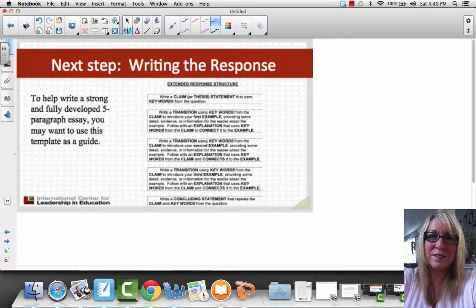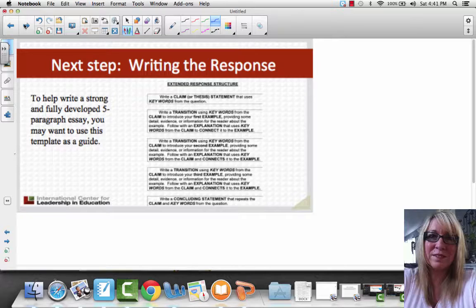So that's using the keywords from the question. You need to write a transition, which I just showed you how to do in the template, using keywords from the claim to introduce your first example. Then you need to provide some detailed evidence from the document to the reader about the example. Follow with an explanation that uses keywords from the claim to connect to the example.